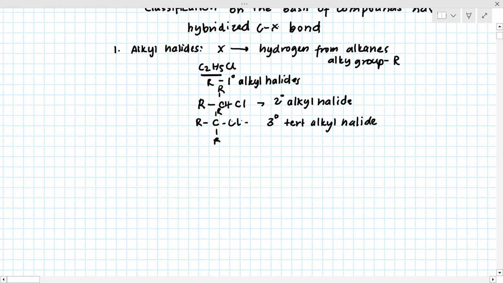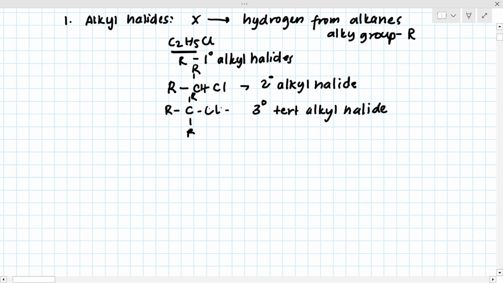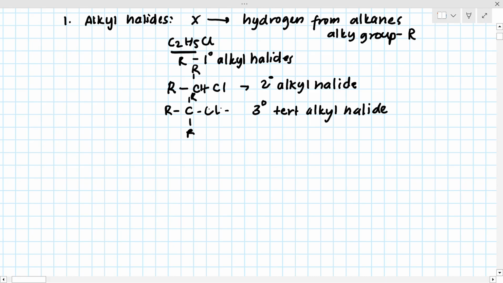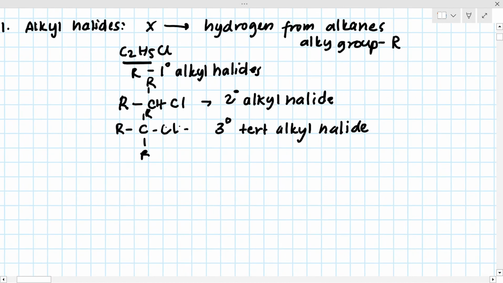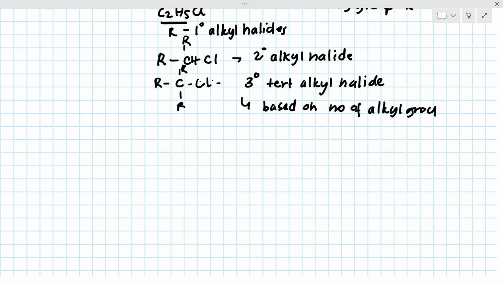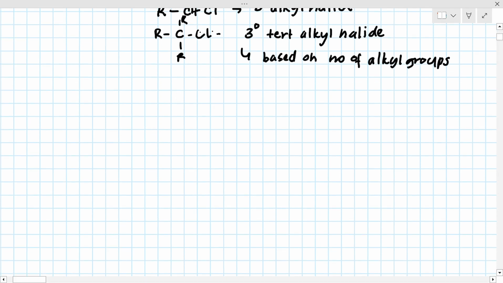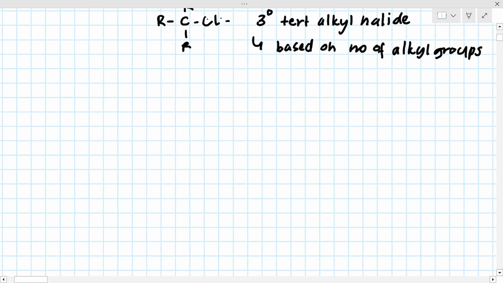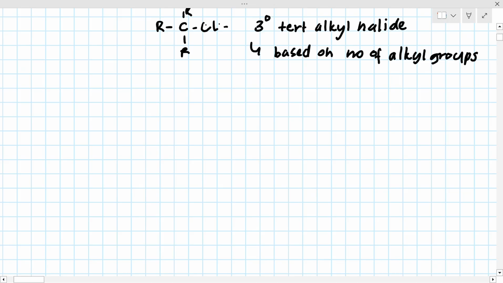So in alkyl halides, again there are three divisions: primary, secondary, and tertiary alkyl halide, based on the number of alkyl groups.